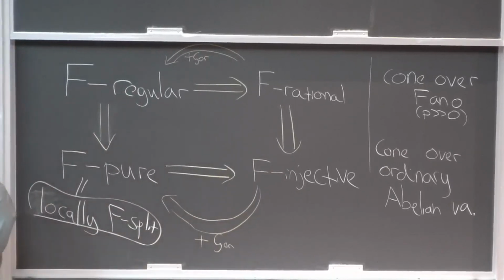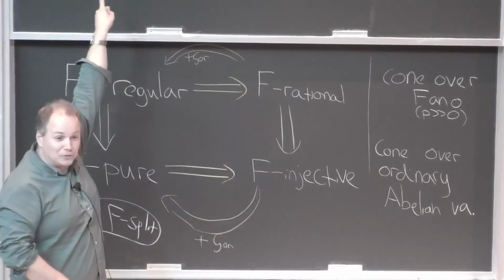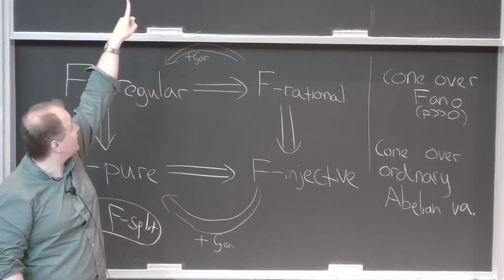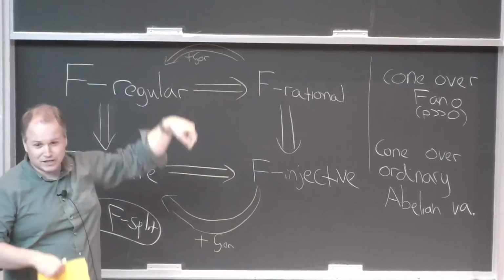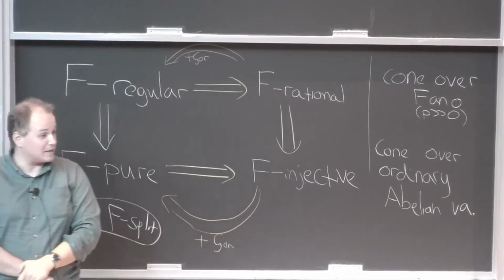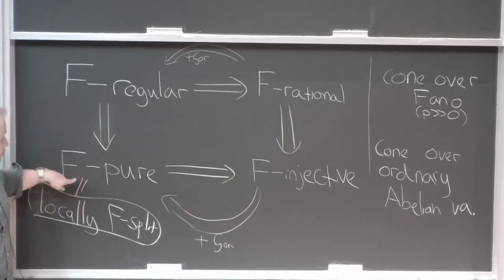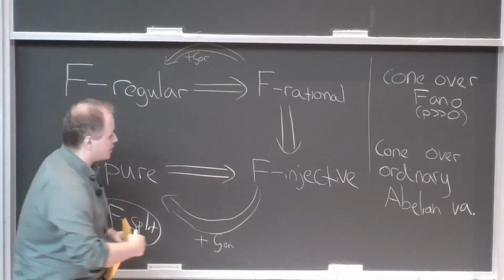So you might ask why we do such a thing, except to play a joke on everyone learning the field. No, F injective was originally phrased in a dual setting of local cohomology. And then the surjectivity on omega h is phrased as an injectivity of Frobenius on local cohomology. And we've already seen that F pure, locally F split, implies F injective.